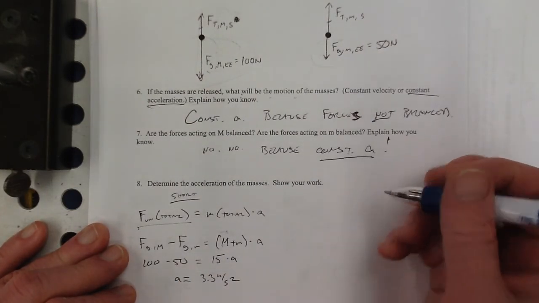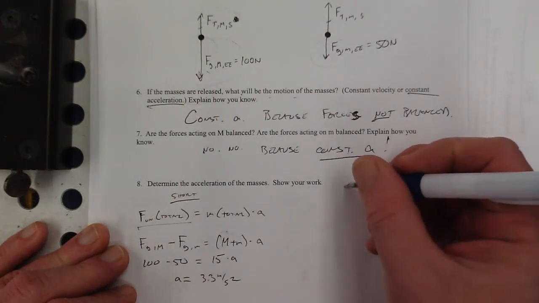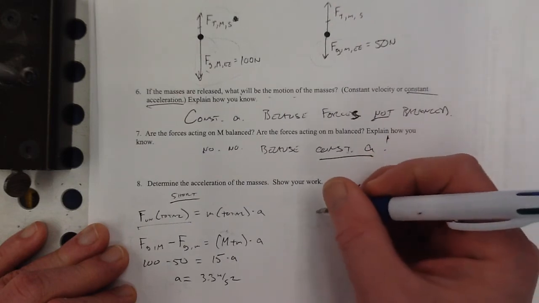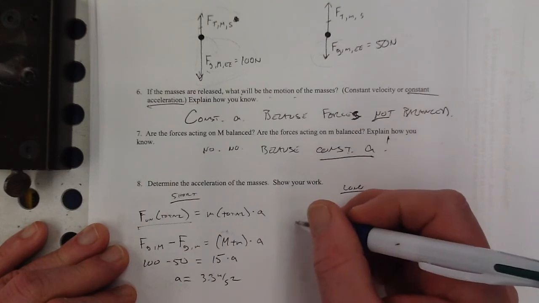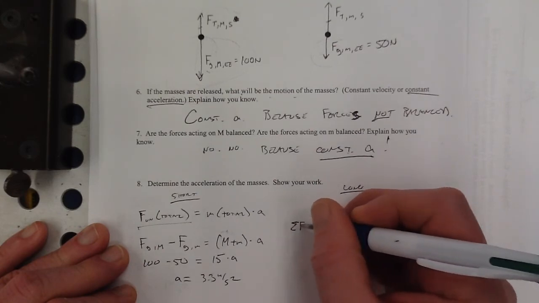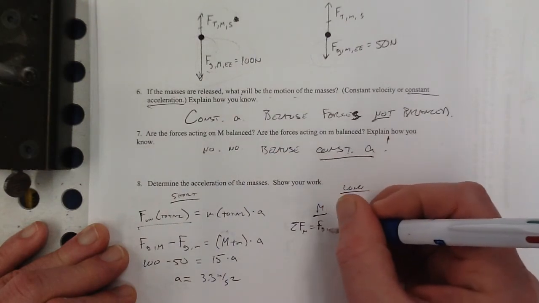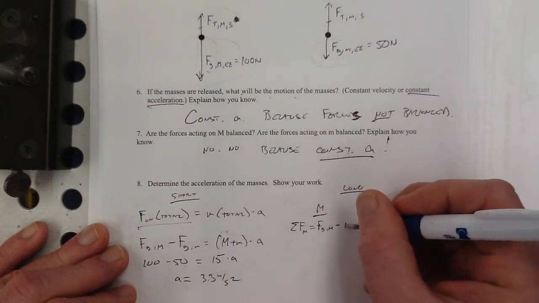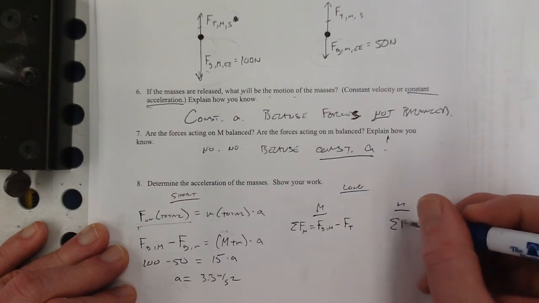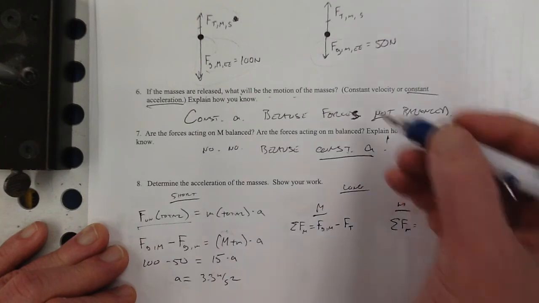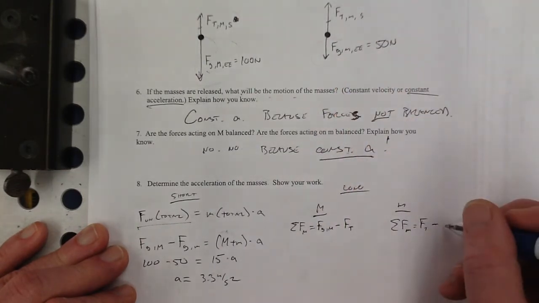Okay, what does it look like the long way? Well, we've got our two force diagrams here, so I can just do, this is the longer way. For big M and for little m, what's the unbalanced force equation? The unbalanced force acting on big M is winner minus loser, and the unbalanced force acting on little m is winner, tension's winning on that side, minus loser.